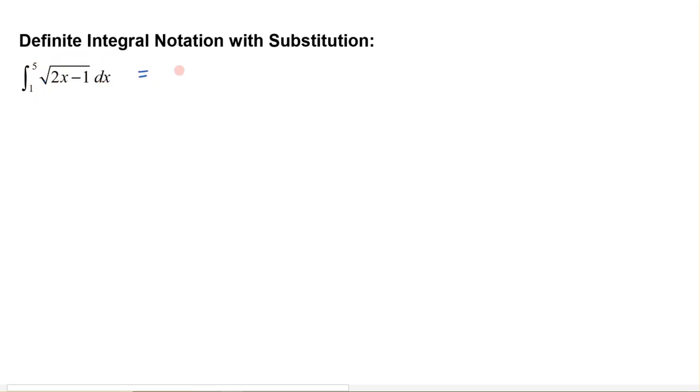Let's first rewrite this as the integral from 1 to 5 of 2x minus 1, where the power of the function is half, dx. If we use our substitution method here, let u equal 2x minus 1.